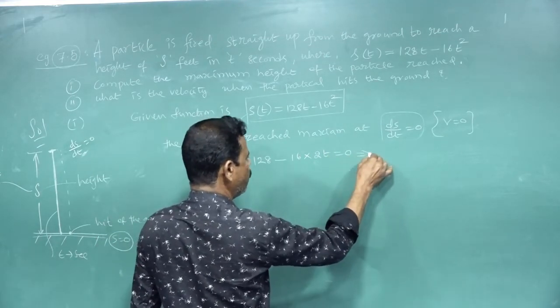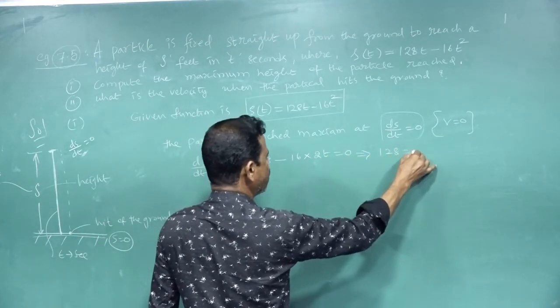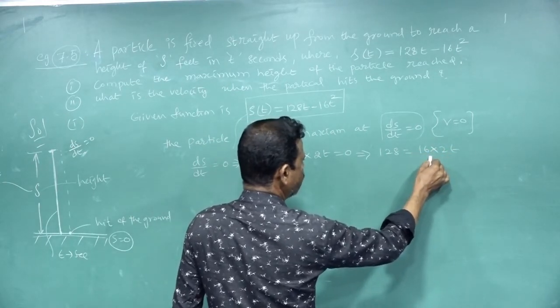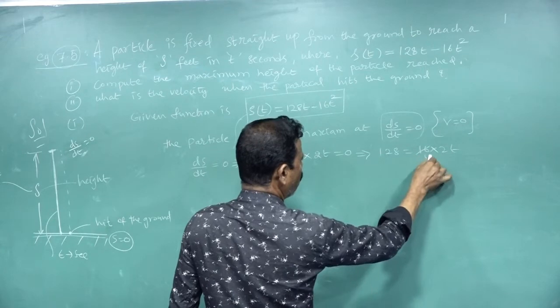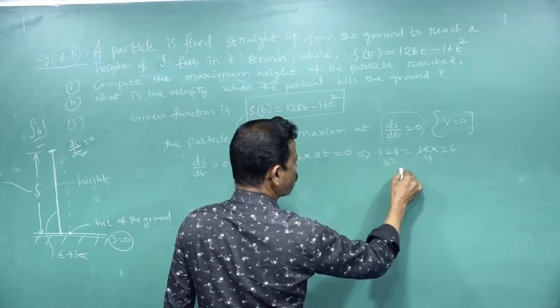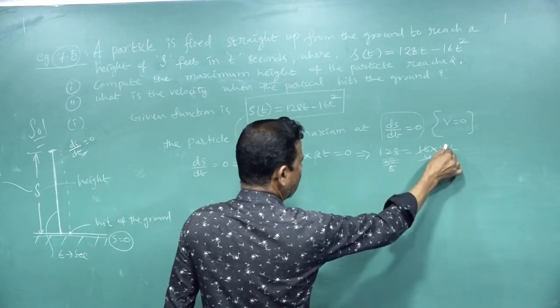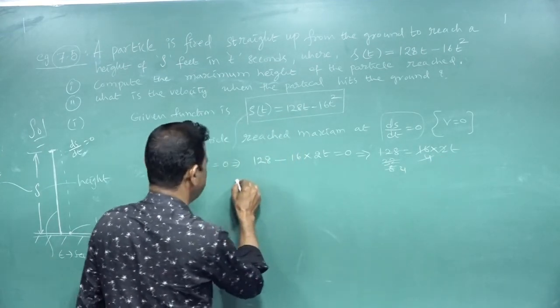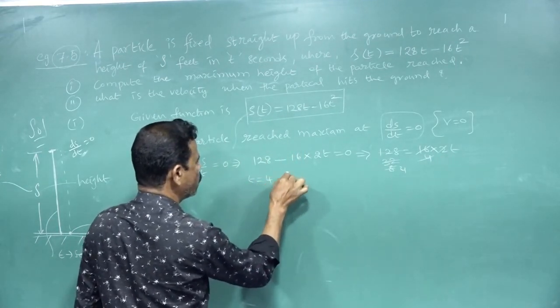After this, on simplification, 128 is equal to 16 into 2 into t. On cancellation, t is equal to how much? t is equal to 4 seconds.